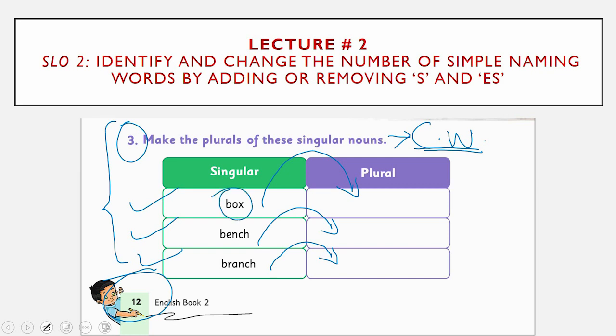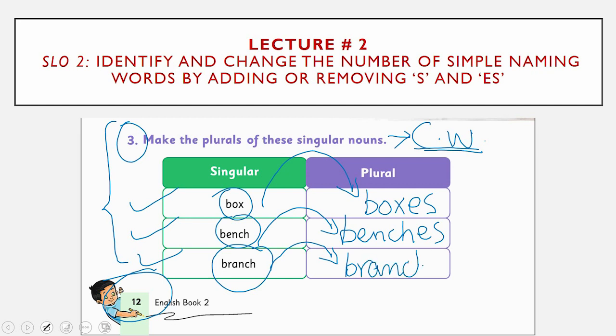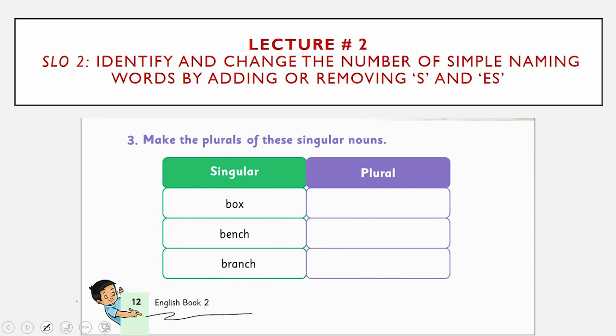What is the first word? Box. And box will become boxes. Bench, benches. Branch, branches. Let's do it again.